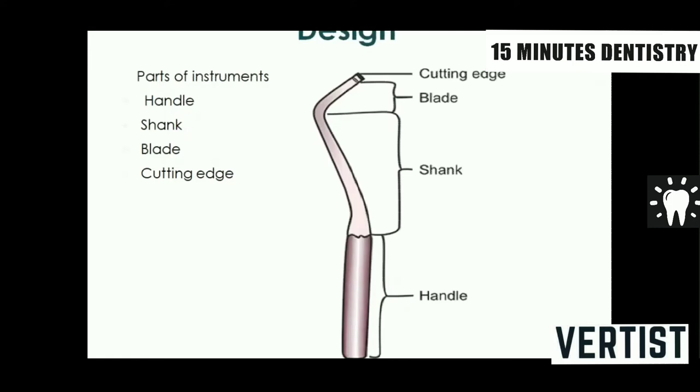If it is a cutting instrument, it will be a blade. If it is a packing instrument, for example, you want to condense silver amalgam, so you need a round or a parallelogram condenser, there it will not be a blade. It will be called a nib, N-I-B. So nib is for non-cutting instruments and blade is for cutting instruments.